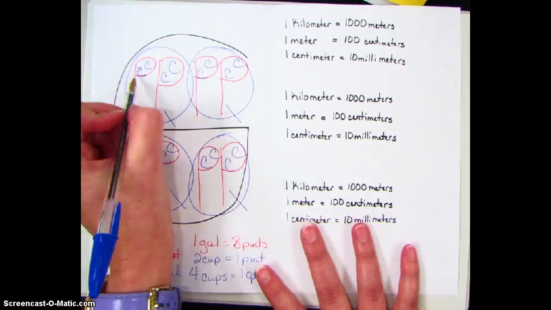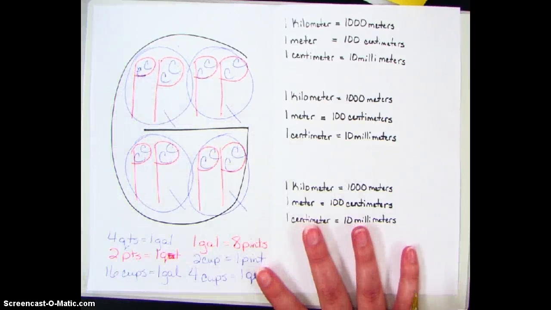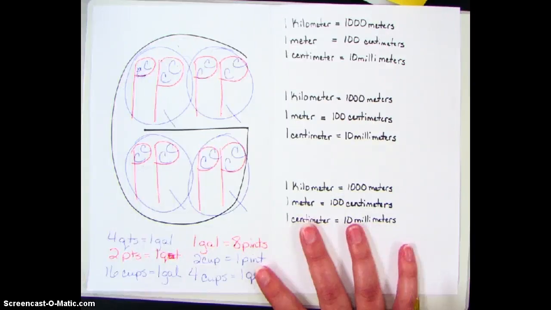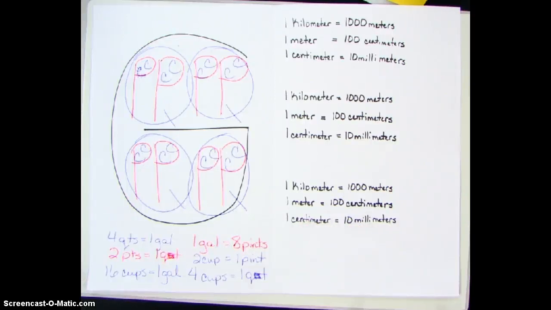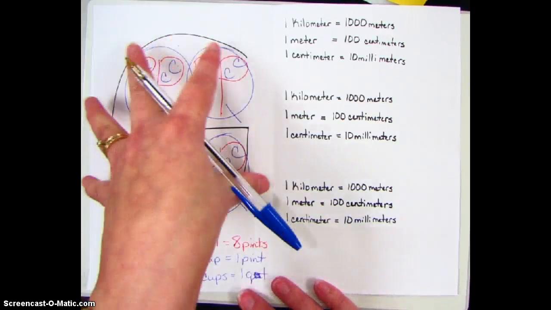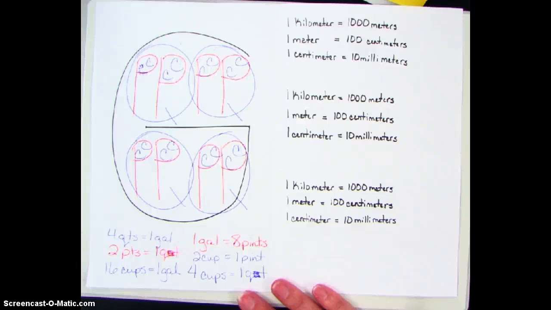And if we keep multiplying, we can figure out how many ounces are in a quart, how many ounces are in a gallon. All that stuff can be done. So this is a very neat activity that you can do at home that can help you discover how many ounces, cups, pints, quarts are in a gallon.